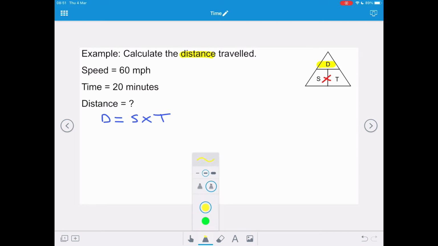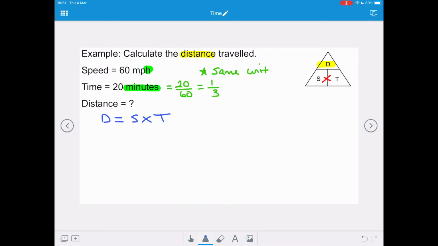You can see that our speed is in miles per hour, and our time is in minutes. They have to be the same unit before we can multiply them in order for them to cancel each other out. So the easiest thing to do is to convert our 20 minutes into a fraction. And we know that there's 60 minutes in an hour, so 20 minutes will be 20 over 60, which we can simplify to 1 over 3.